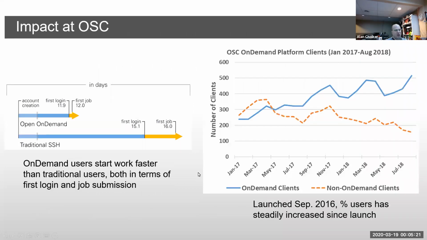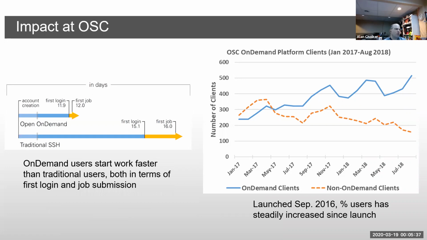to entry. And to prove that, I just want to talk a little bit about the impact it's had at OSC. So on the left-hand side of the screen is our time to science chart that we did as part of getting our most current NSF grant.